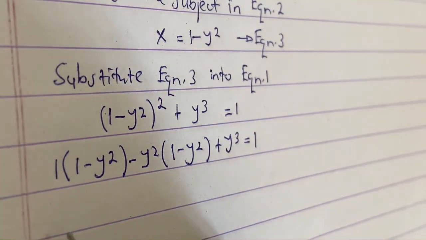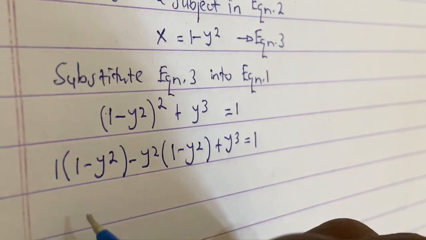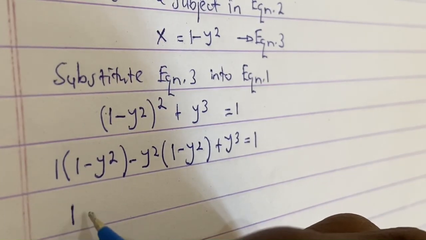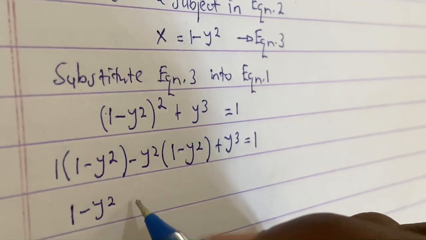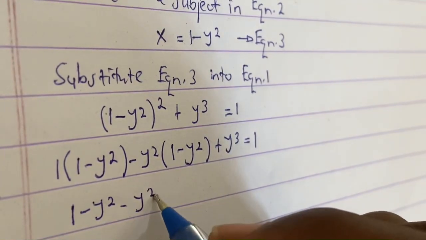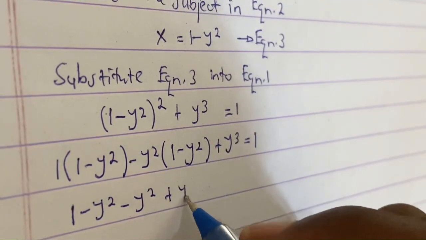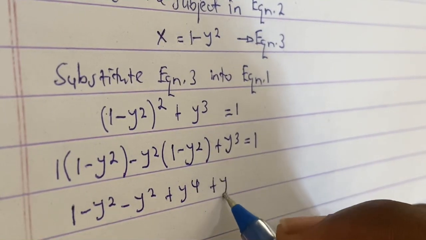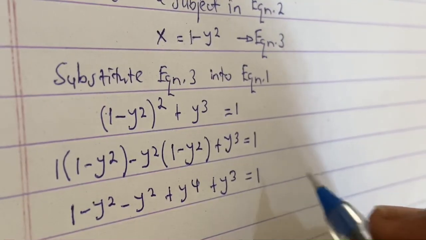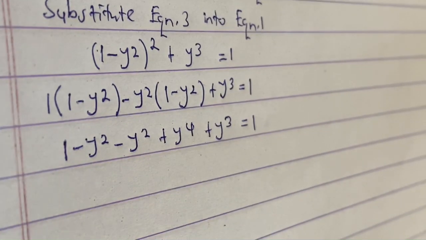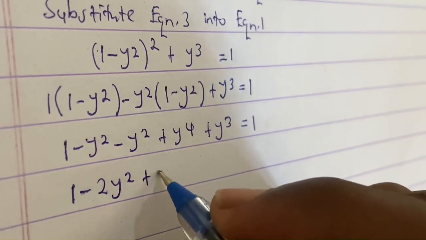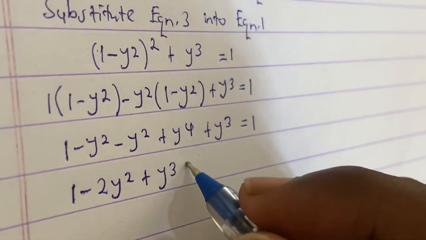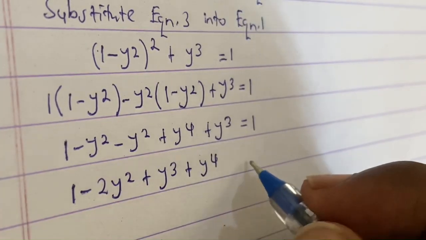So we are going to expand this. 1 times 1 is 1. 1 times negative y squared is minus y squared, minus y squared plus y to the power 4 plus y cubed is equal to 1.